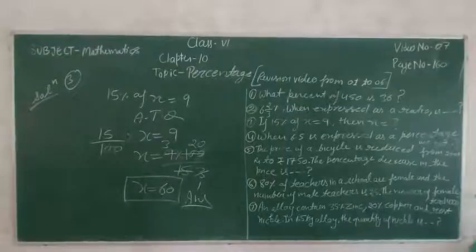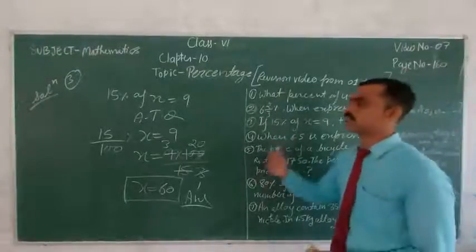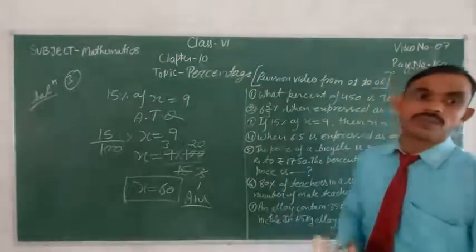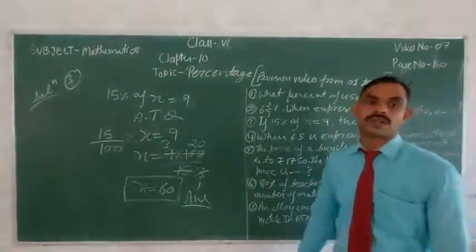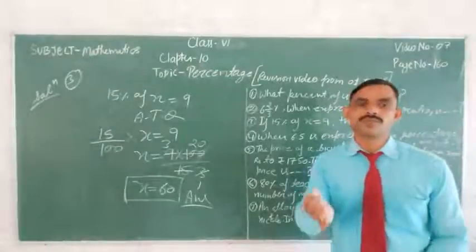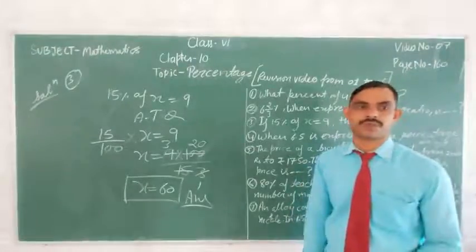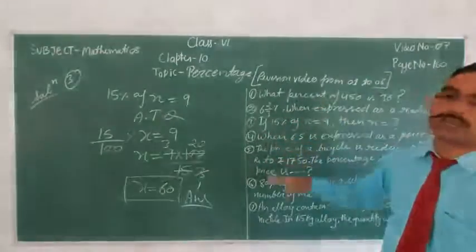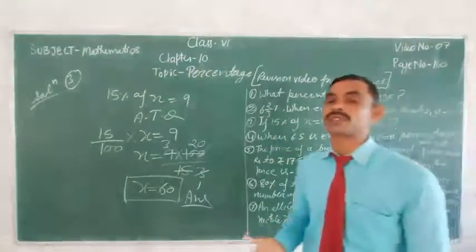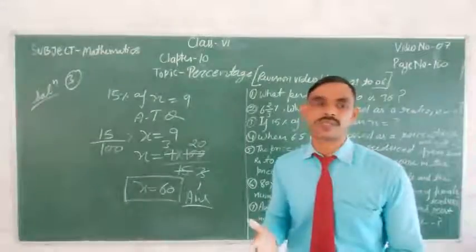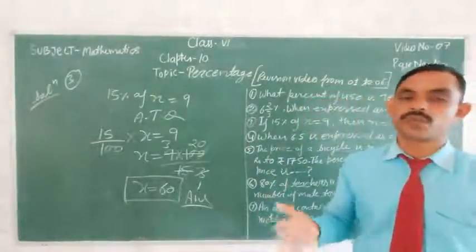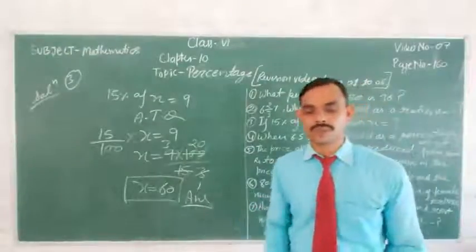So students, you have seen these are the very simple questions where you can easily write down their answer by doing a simple calculation. Because up to video number 6 you have learned how to convert a percentage into ratio, into fraction or into decimal, or how to convert a decimal or fraction or ratio into percentage.